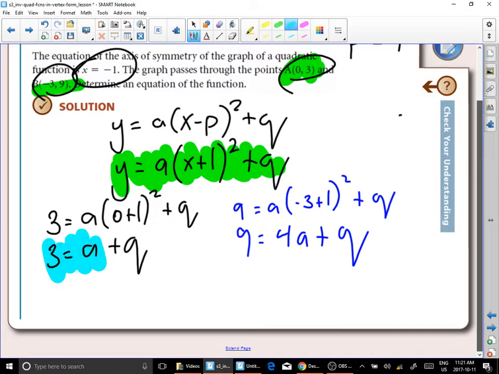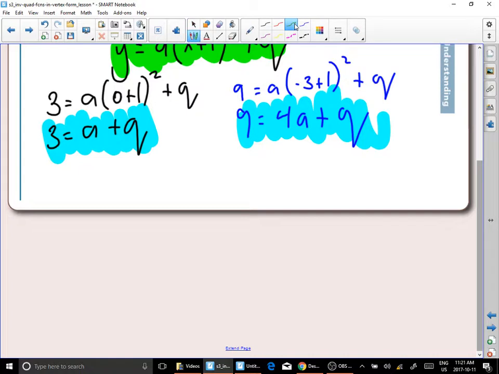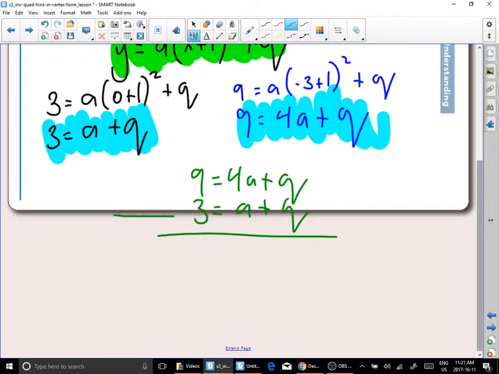Because if we take these two equations and we subtract them, we're going to find out what a is. I'm just going to put them on top of one another so we can subtract them. If I subtract them, I get 6 equals, the q's cancel each other out.